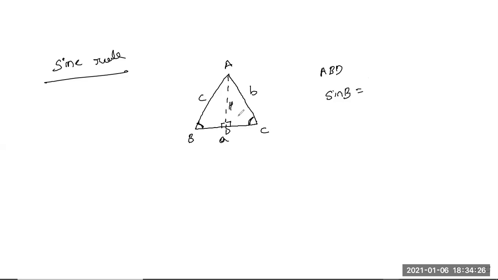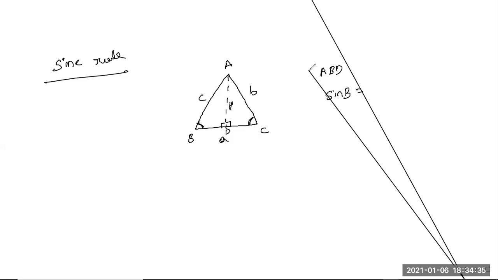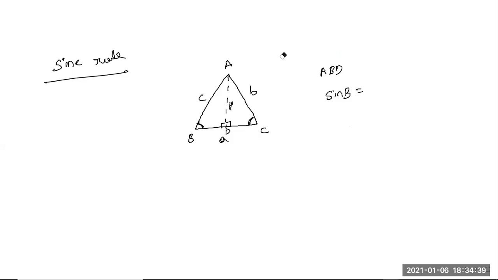Sine of angle B is h, the height, by small c. So h is equal to c sine b.